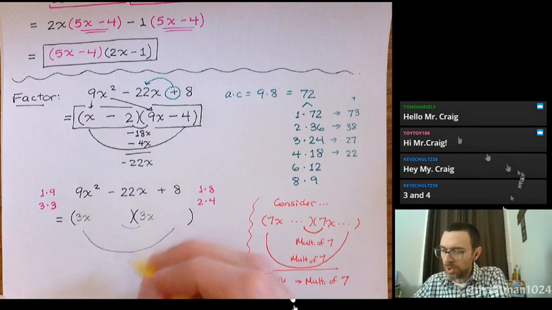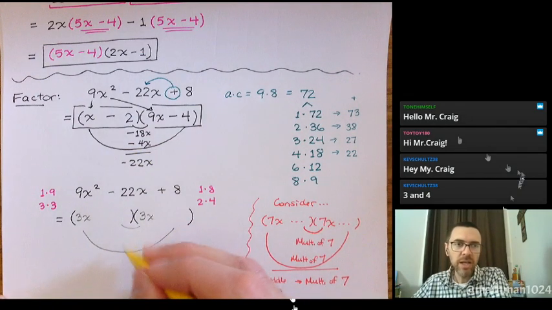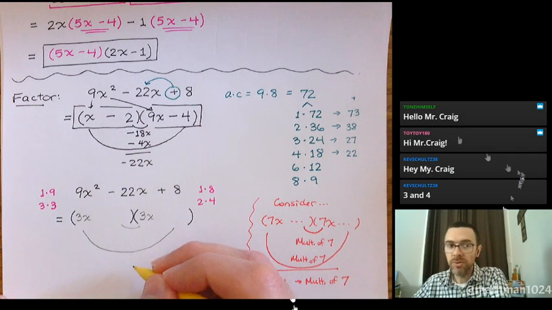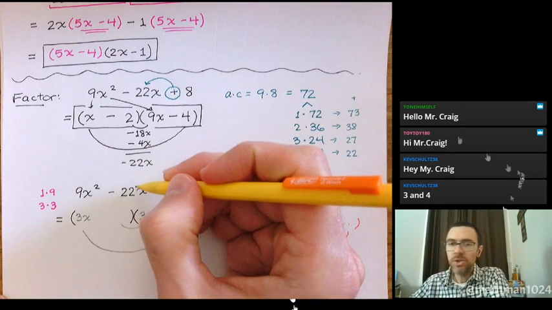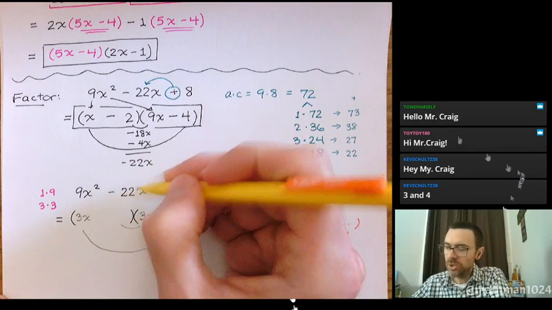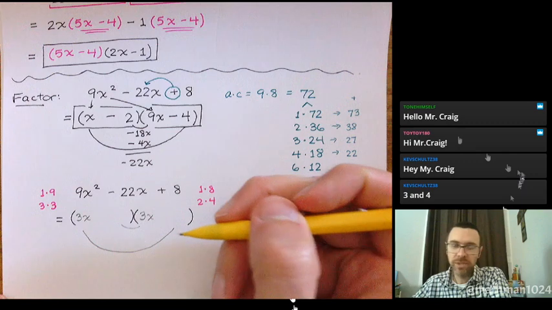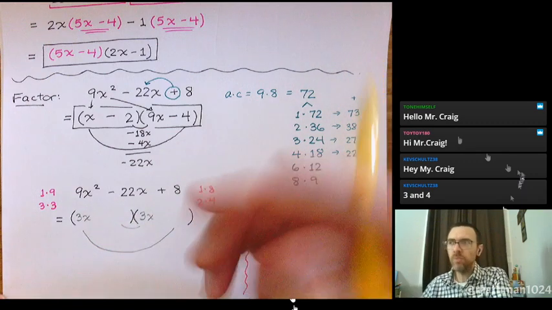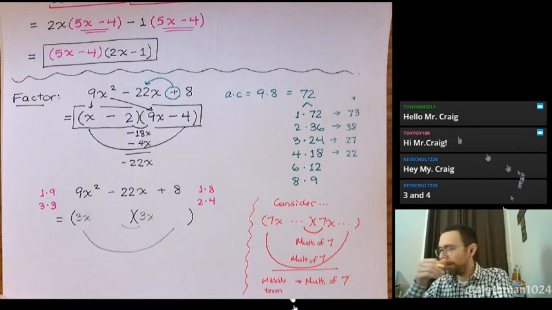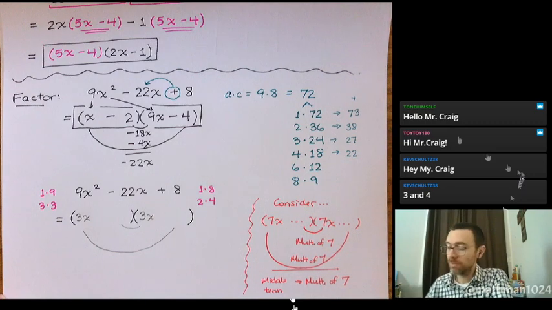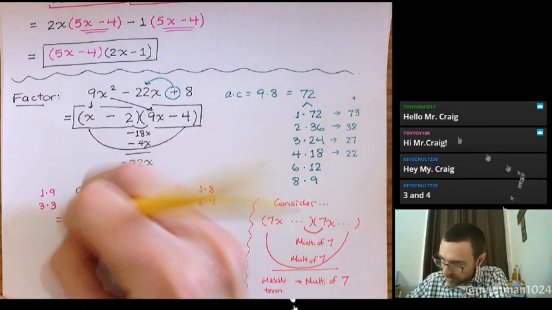So when you combine the inside and outside, you would have a result that is a multiple of 3. But look at 22. 22 is not a multiple of 3, so you can't use 3 and 3. It just doesn't work. It will lead you to a contradiction. So we can't do that.